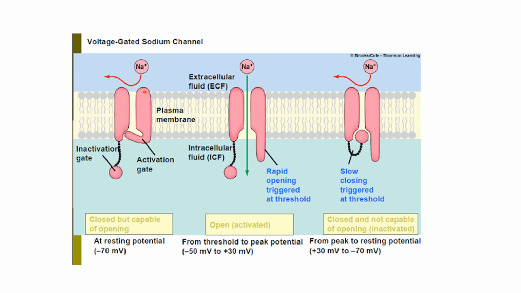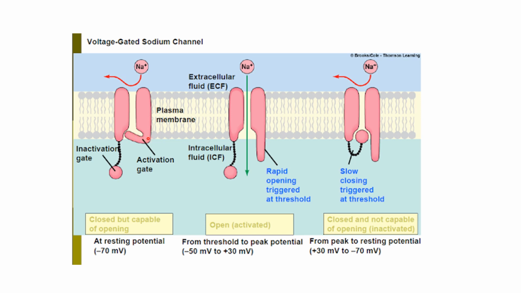We have to generally see the composition of these channels. If we see a sodium channel, it is made up of two gates. Here we can see a two-dimensional structure. This sodium channel is made up of a gate called the inactivation gate and another gate called the activation gate.